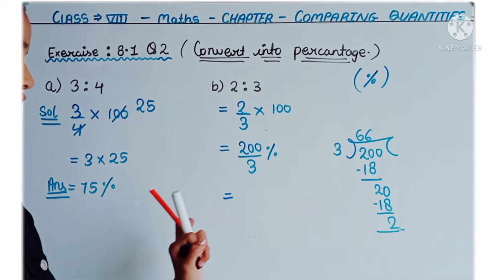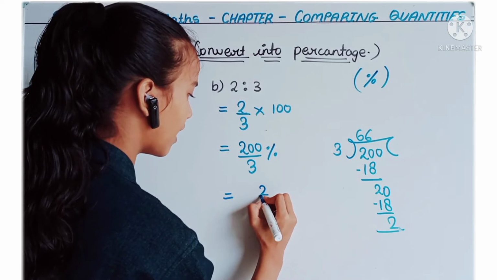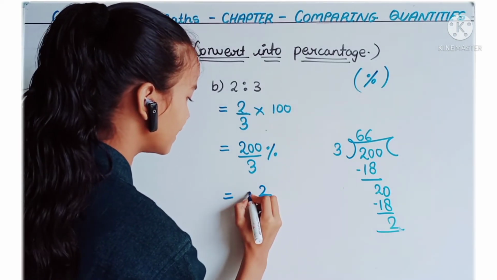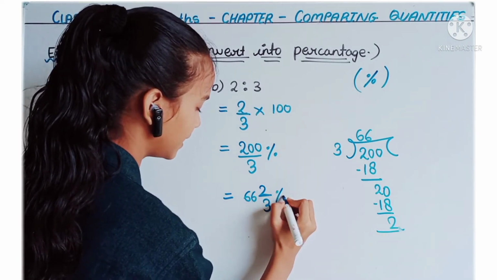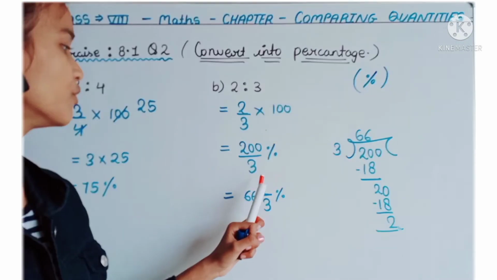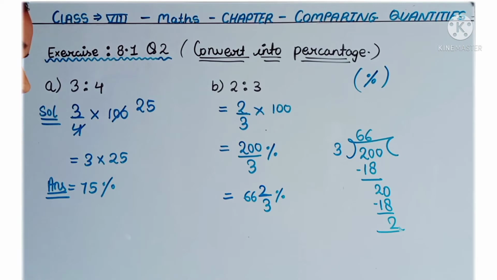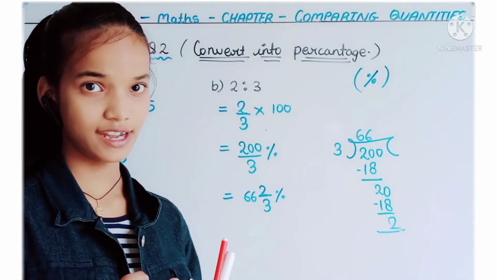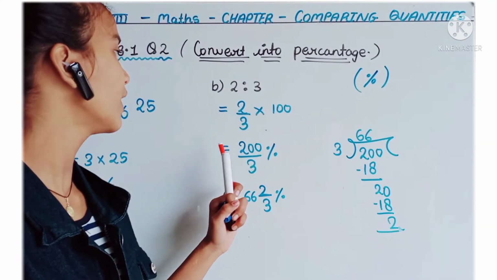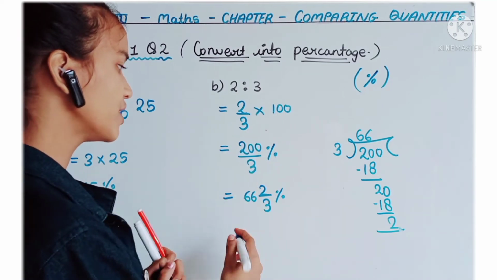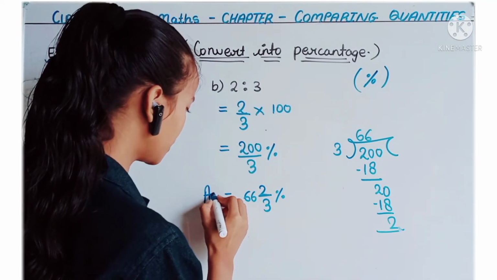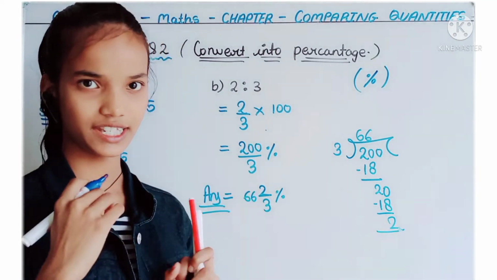We have the remainder 2, so the remainder will be up as the numerator, and the 66 will be here as the whole. 66 whole 2/3%. We get this as the answer of the B part of this question. You may have understood that when we can't solve it further or can't cancel it, we will just multiply and solve it as mixed fractions. So we'll get the answer of the question.